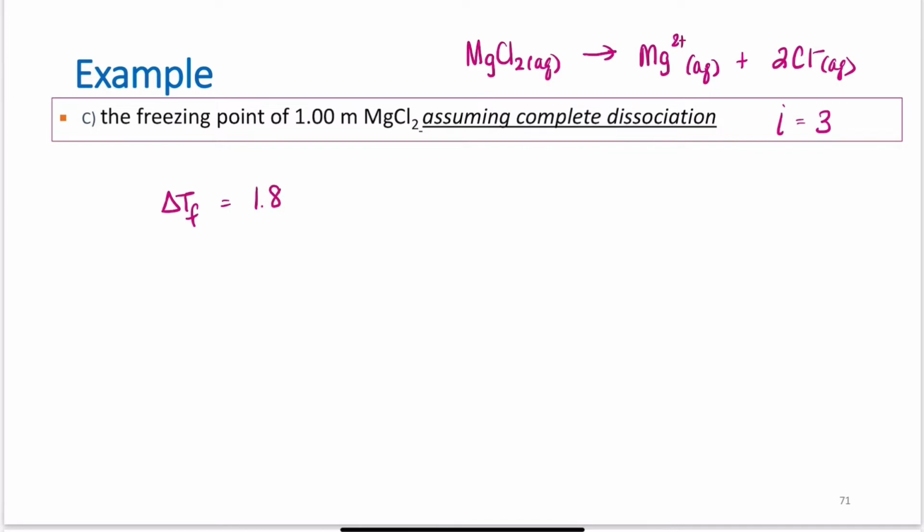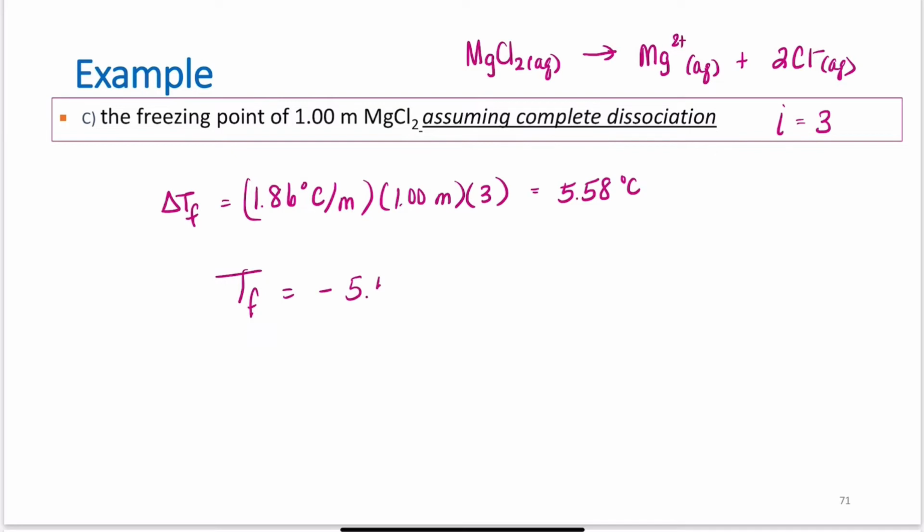I know my Kf value is 1.86 degrees C per molal. I know this is a 1 molal solution, and I know i equals 3. Therefore, the change in temperature is 5.58 degrees C. So the freezing point of this solution will be negative 5.58 degrees C.